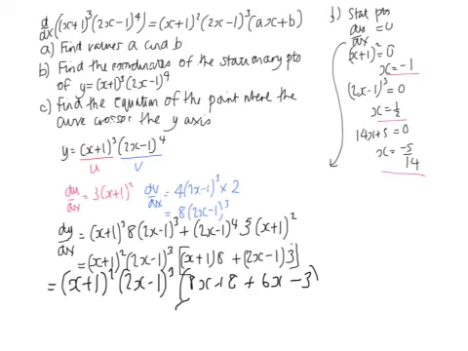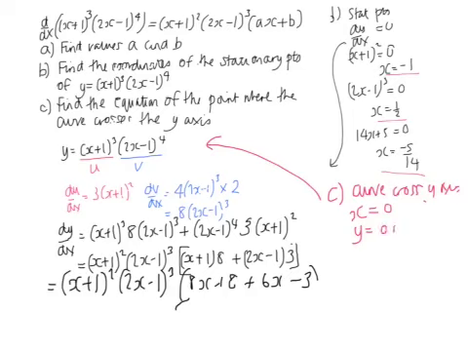Okay, there's quite a lot on this screen. Okay, so last part, we need to find the equation of the tangent at the point where the curve crosses the y-axis. So the curve will cross the y-axis when x equals 0. So we need to go back to our original equation here. Okay, so the y value will be (0 plus 1) cubed, which is 1, times (2 times 0 minus 1) to the power of 4.